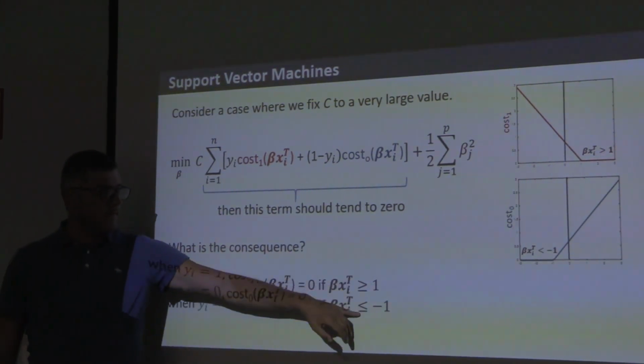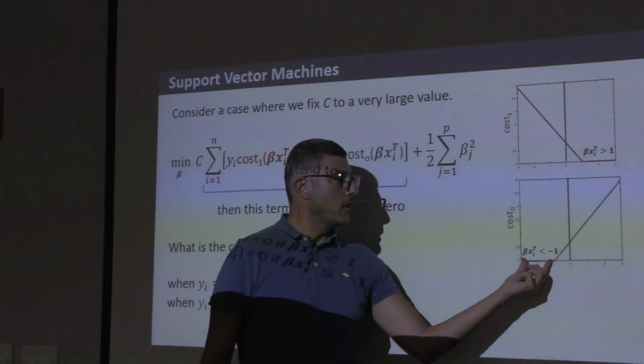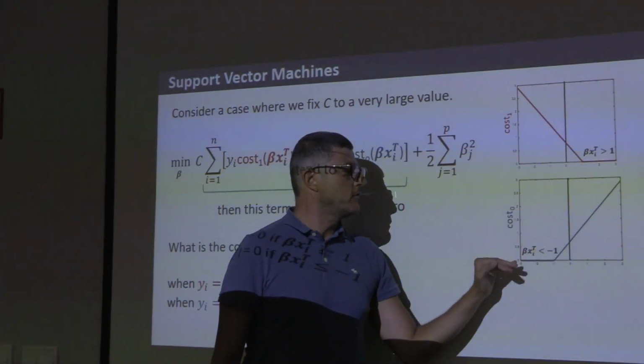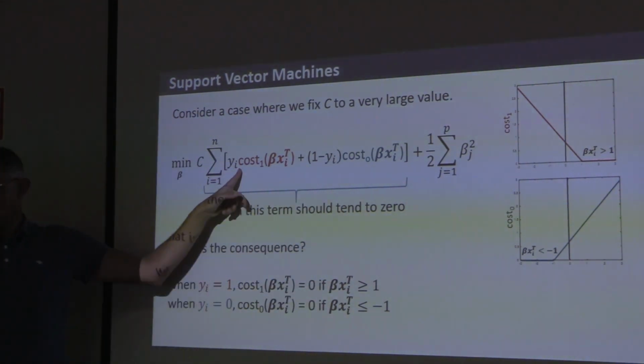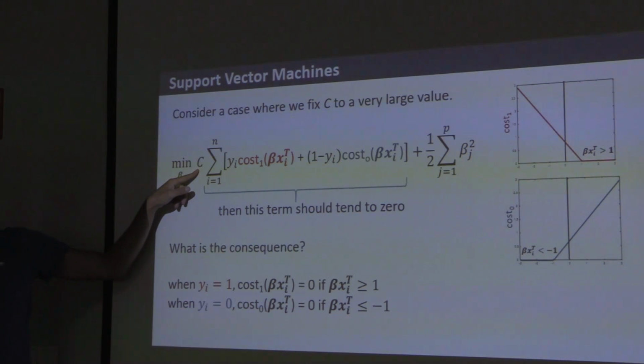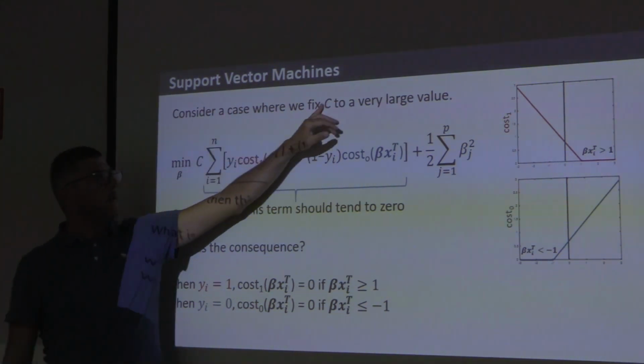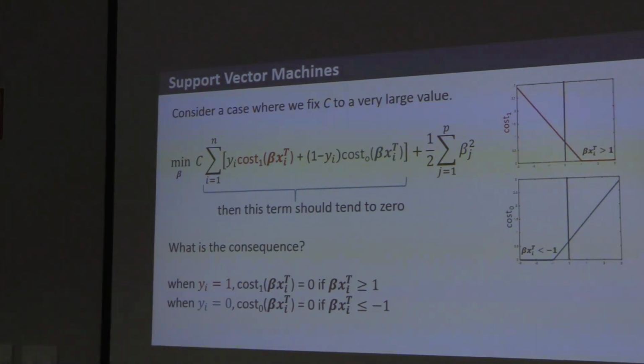When you have this case, you are here or here, all the cost functions are equal to 0, and this sum is equal to 0. 0 times 10,000 is 0.